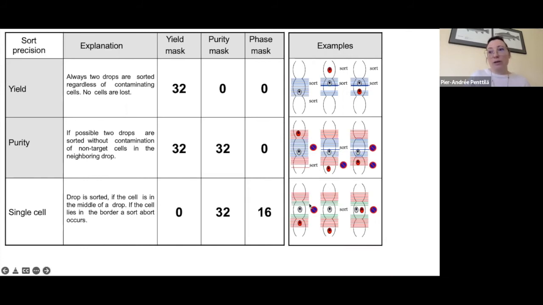For example, here you can see that it will not sort this particle because there is a contaminant particle. Even though it's in the middle of the drop, there's a contaminant particle adjacent to it. So again, this is a very useful mode for anything that requires single cell cloning or a very stringent assurance that you only have 1 cell in a well.